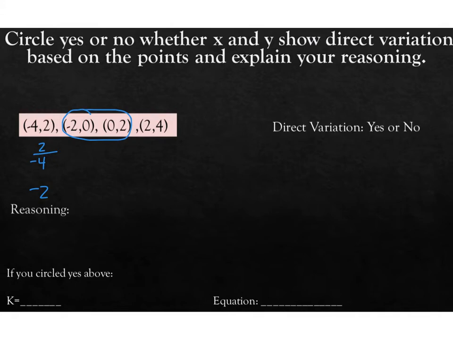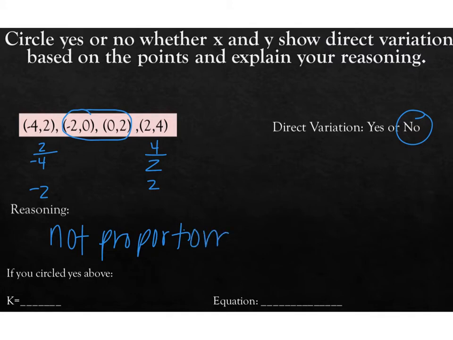So that's already a red flag, right? If I look at my very last point and I do my y over my x, 4 over 2, that's going to give me +2 here. So it's not proportional. It doesn't go through the origin. So those are two things right there that already tell us this is going to be a no. Not proportional. Not through origin.